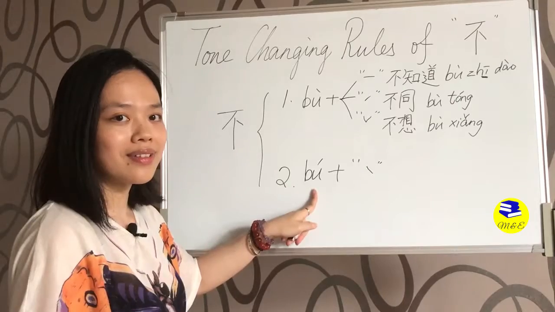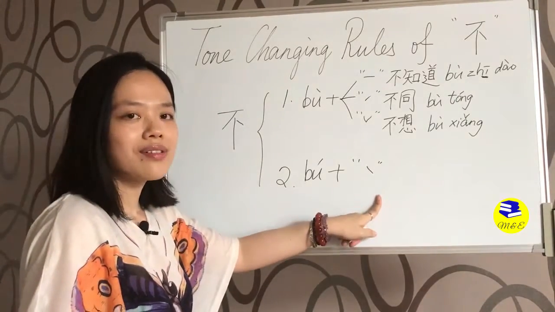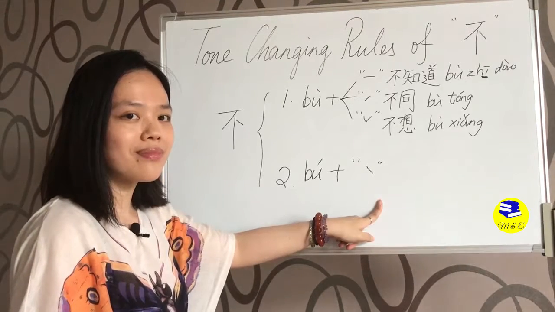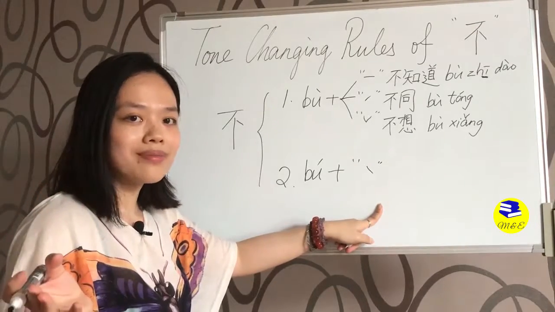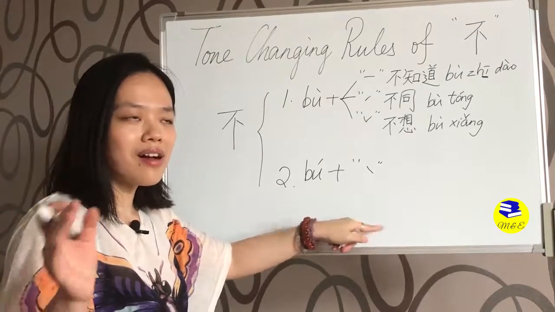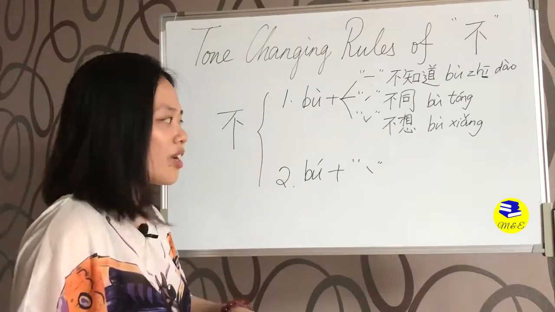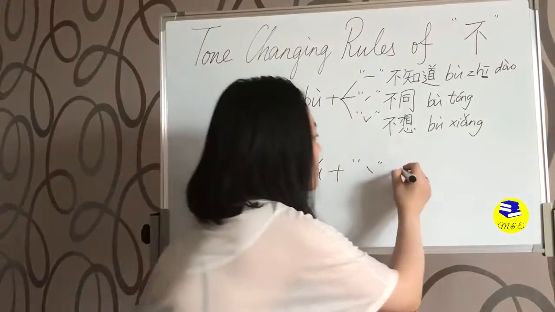Bu, for example, 不要, right? I don't want it. Don't want, not want it. 不要, 不要, right?